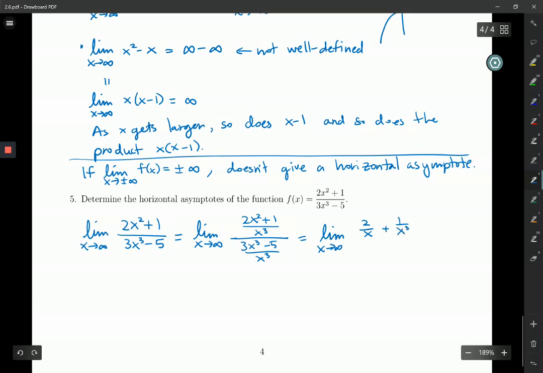So for our numerator, we get 2 over x plus 1 over x cubed, and in the denominator, 3 minus 5 over x cubed. As x goes to infinity, the 5 over x cubed will go to 0, 1 over x cubed will go to 0, 2 over x will go to 0, and so the only thing that doesn't go to 0 is that 3. So we get 0 plus 0 over 3 plus 0, and that's just equal to 0. That means we get a horizontal asymptote at 0.